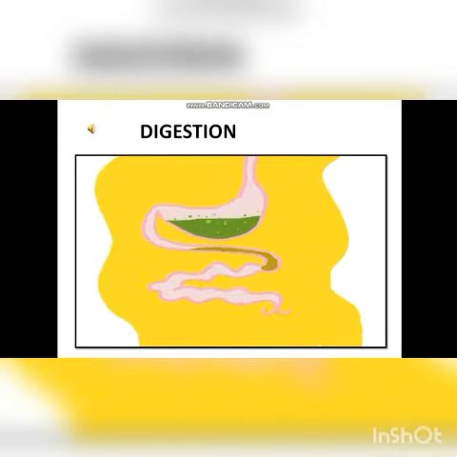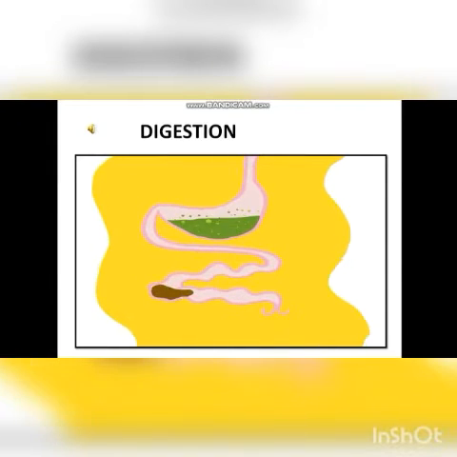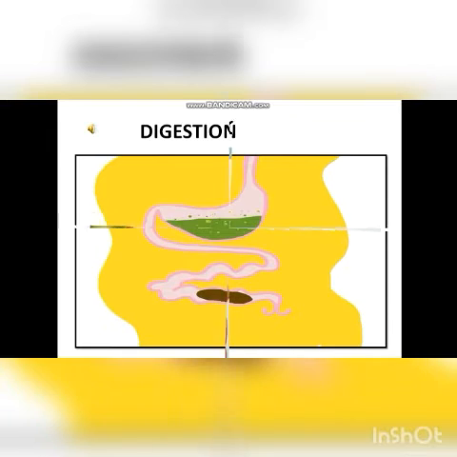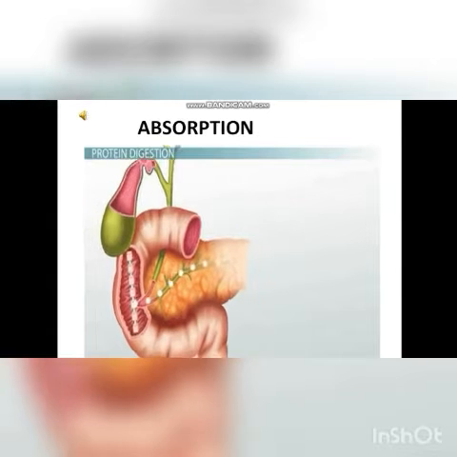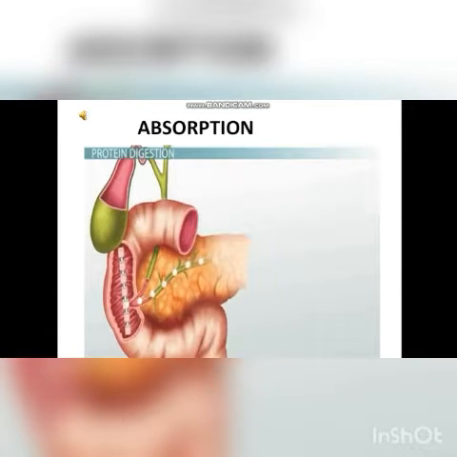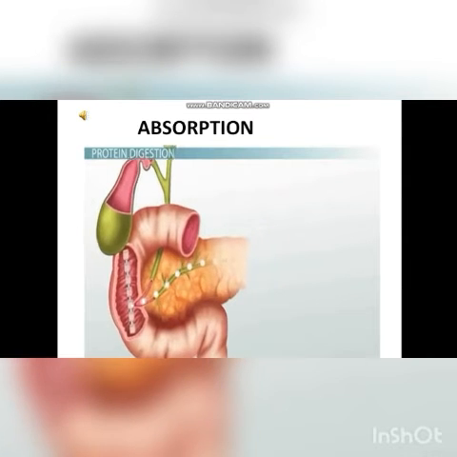Second is digestion. It is the breakdown of food into a simple soluble form with the help of digestive juices made in the body. Next, absorption. It is the process by which the food in the soluble form passes into the body fluids such as blood.